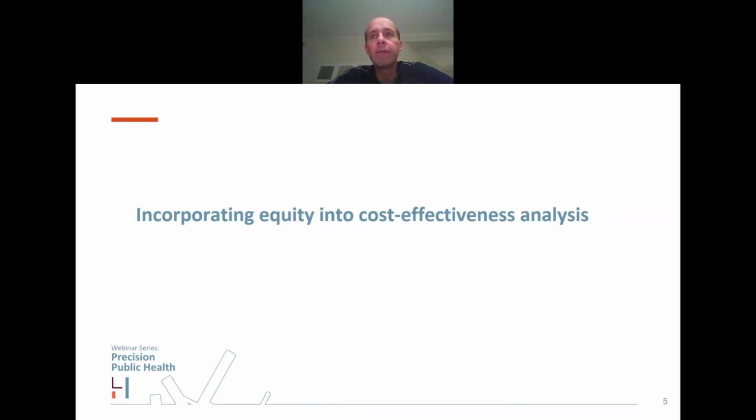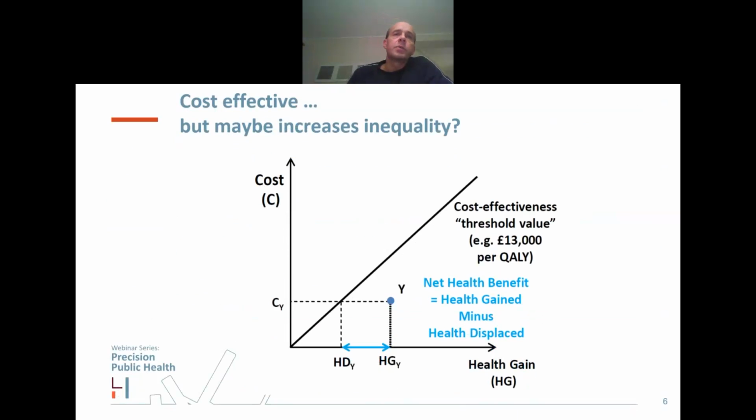And given that health equity, the distribution of health across different socioeconomic groups, is an increasingly important policy concern, that's of course a limitation in cost effectiveness analysis. Hence, the idea to incorporate explicitly equity concerns into cost effectiveness analysis.